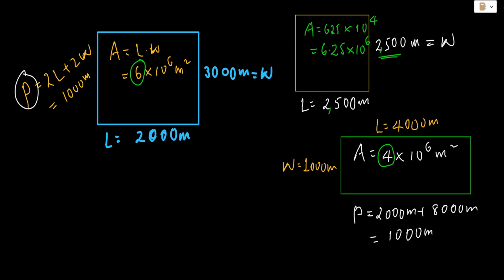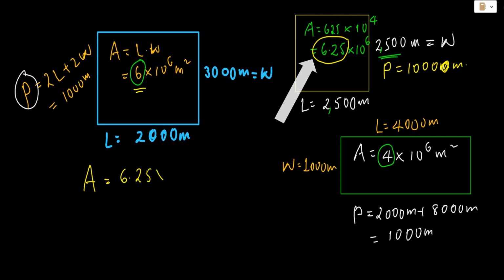You can see that the area for this rectangle, for which the perimeter is the same, because 4 times 2,500 is 10,000. So the maximum area that we get for this rectangular region with perimeter 10,000 meters is 6.25 times 10 to the power of 6 square meters.